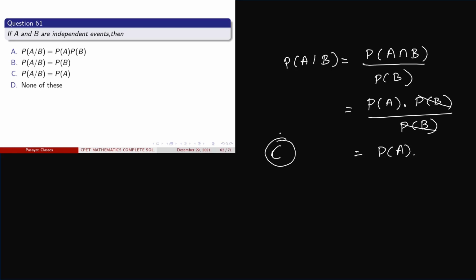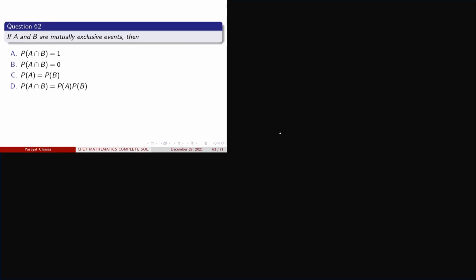Now come to another question, that is question number 62. Here, if A and B are mutually exclusive events, then what is the value of probability of A intersection B? Mutually exclusive events mean that if one event happens, the other does not. For example, if one coin is tossed, the outcome is either head or tail.